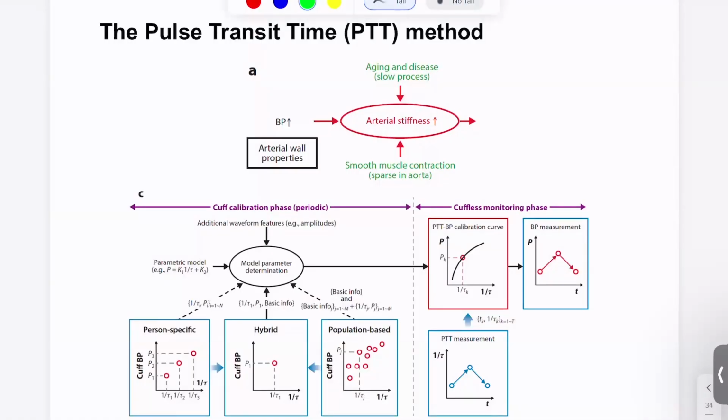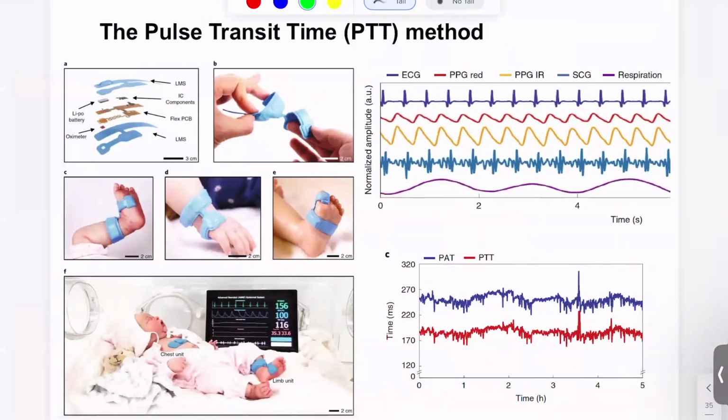Then from the basic information, we can get some parameters, but this tends to be less accurate. So in practice, we combine person-specific and population-based calibrations to balance accuracy and convenience. But still, using the PTT method, you have to calibrate every few months. So that's the difficult part here.